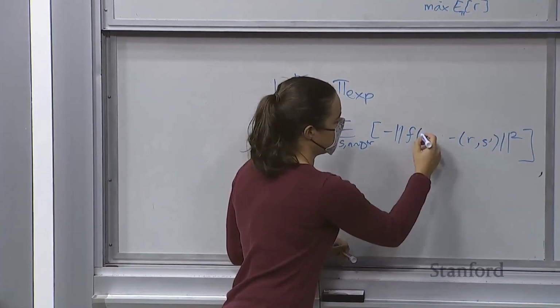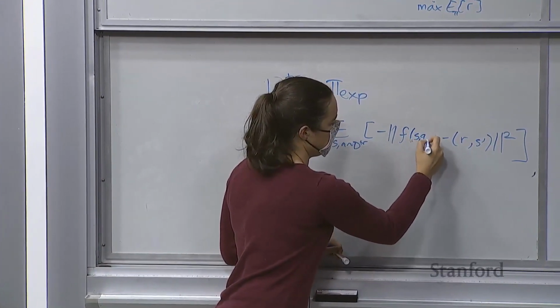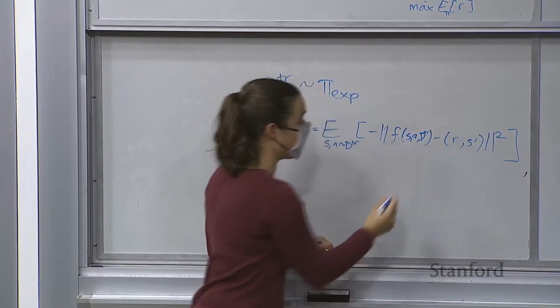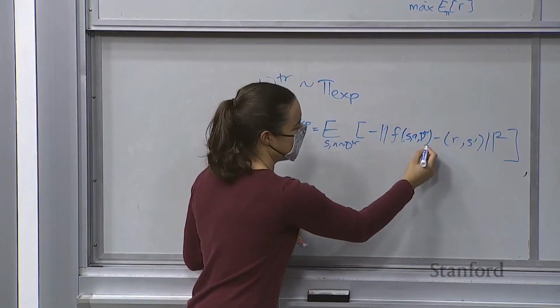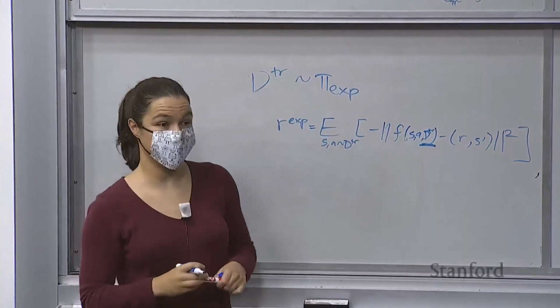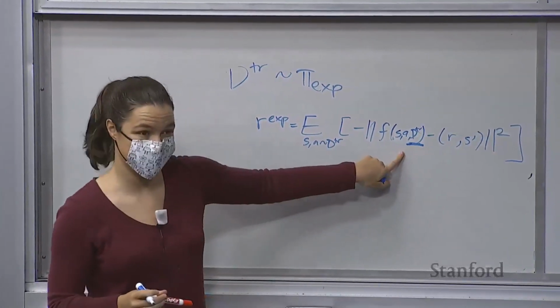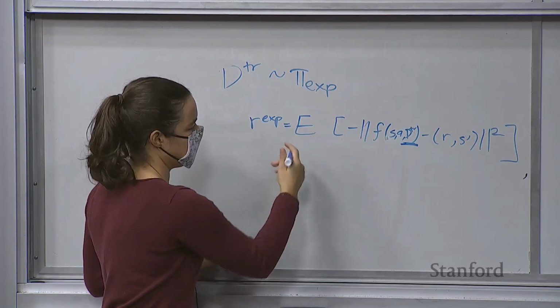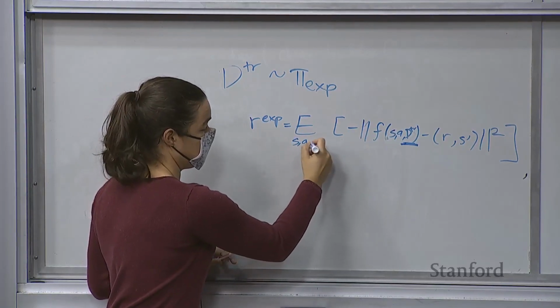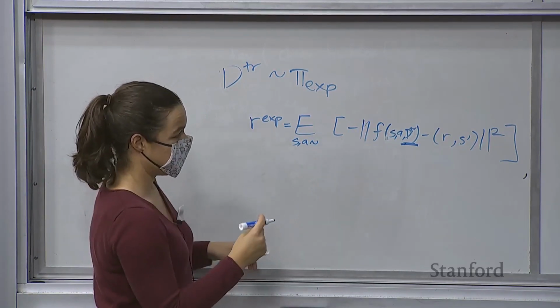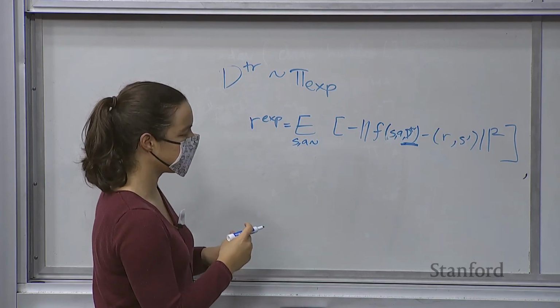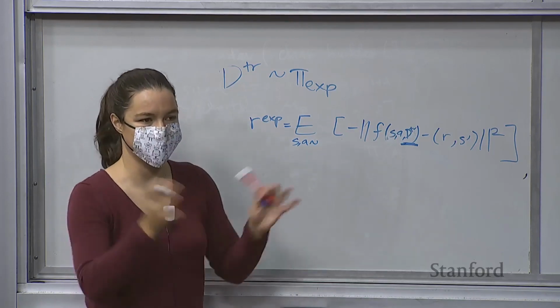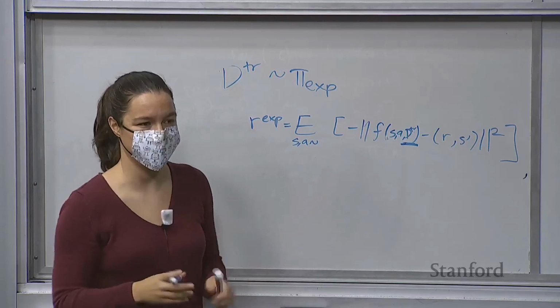So this model is conditioned on your training experience. And so you want your model to be able to predict well based on your training experience. And then this expectation, I think, is actually going to be with respect to states that are sampled from a policy that's solving the task, or something that's actually more broad than just the training experience.